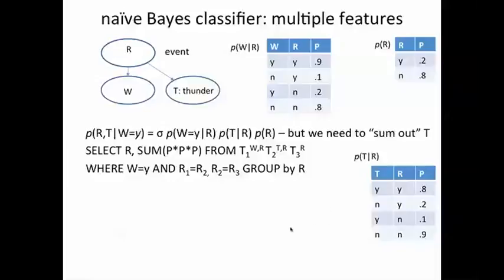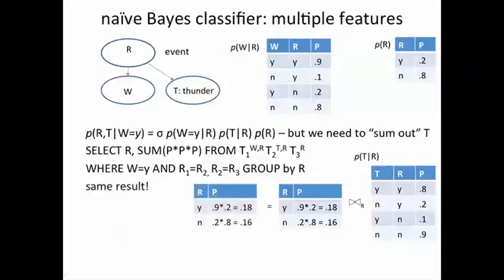Now, you can verify that you could do this by first joining T1 and T3, that is this table and this table, the P of W given R and P of R, just like we did earlier, and then joining the result of that with the T given R table. So we're just going to take the result we had earlier and join it with this new table.